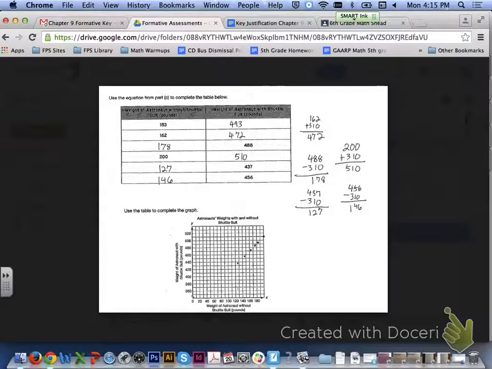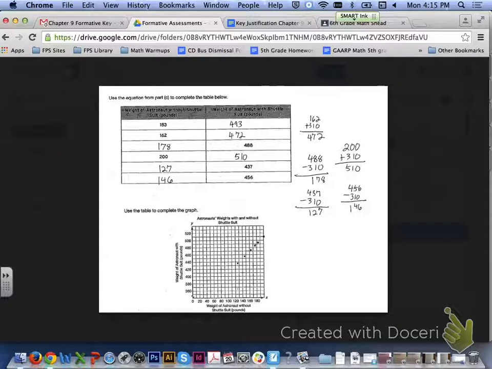So 488 minus 310 will give you a total of 178 pounds. That's how much the astronaut weighs. For 200, add 310, and you have a total of 510. And then for the next one, 437 is the total.